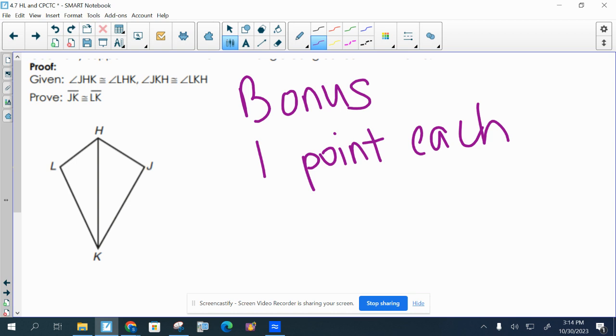So if you want to try these ones and turn it in by Wednesday, I would recommend just putting it on a separate sheet of paper so that you can turn the paper in, so you don't have to be without your notes for a day, or a couple days, depending on how long it takes for me to grade it. But I will add it to any one of your quiz grades, and you will get more points from that. So if you want to do this page, it's optional.